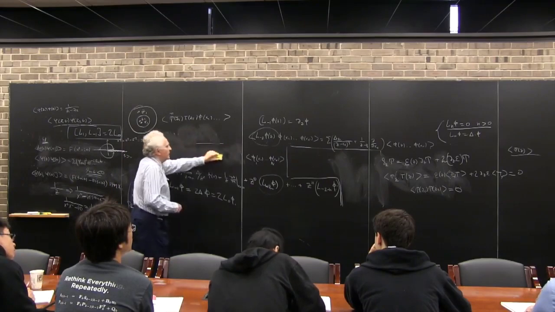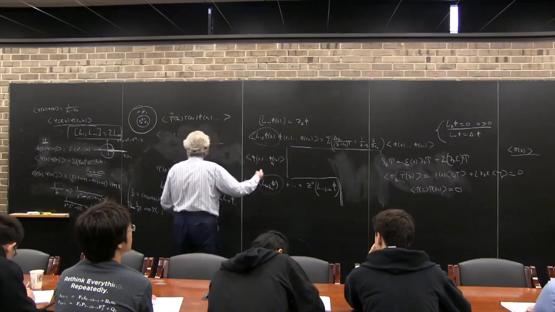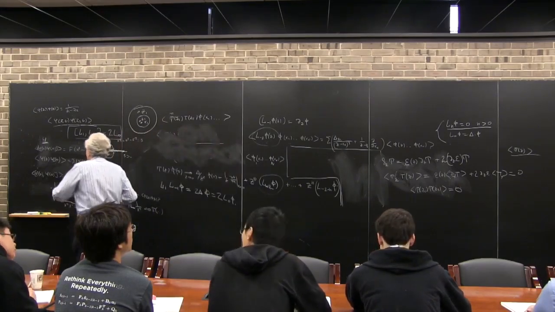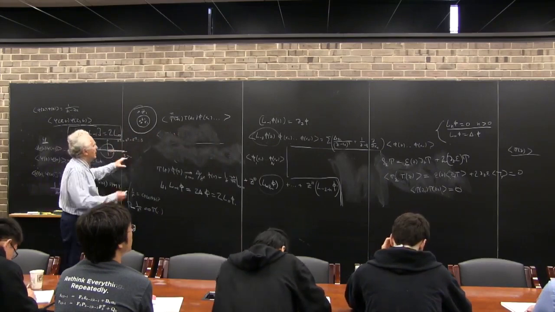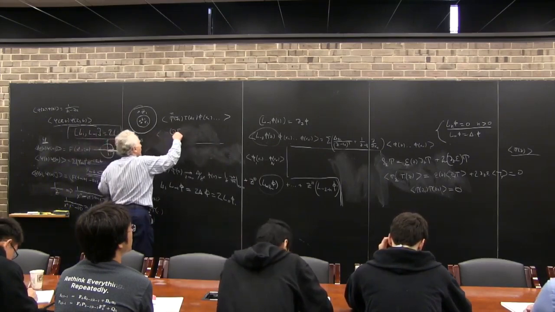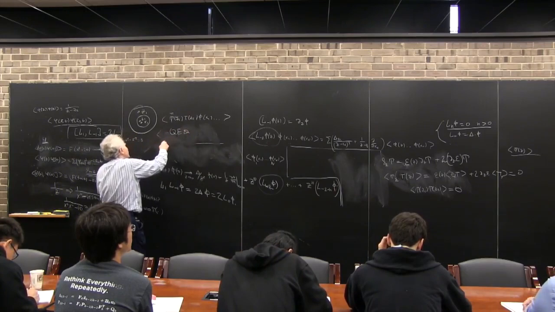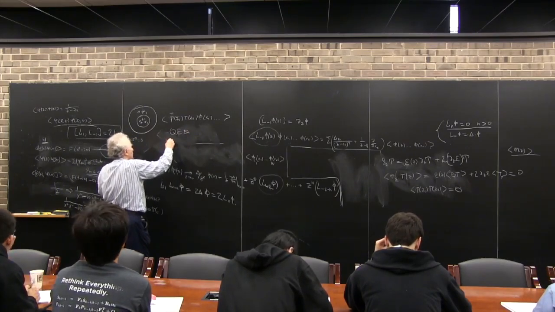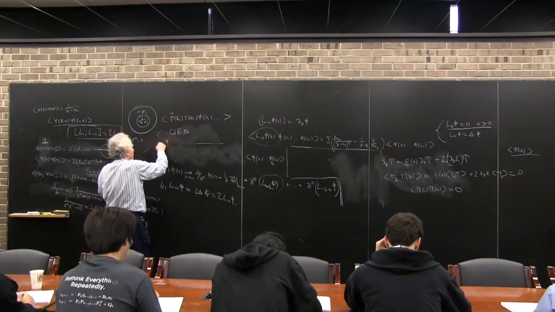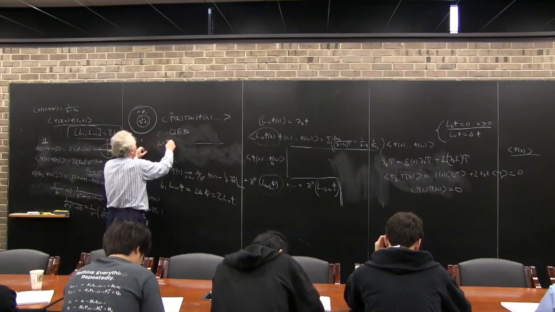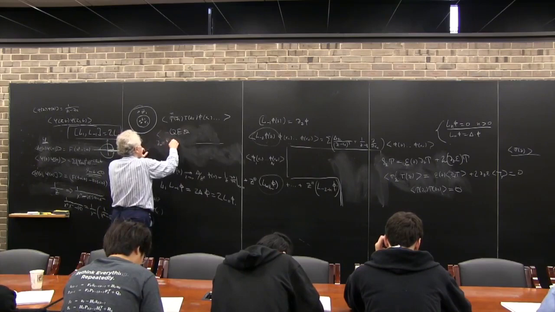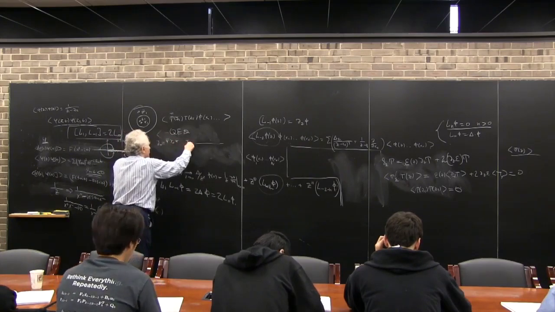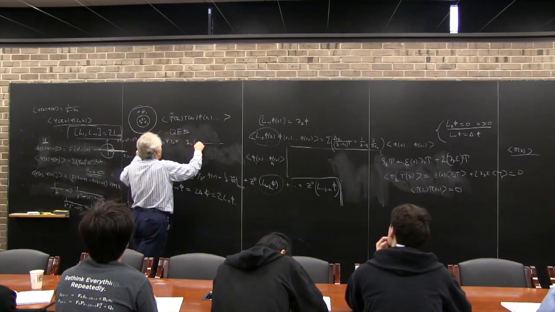Let's take the standard case to fully appreciate what it means. Let's take the standard case of QED. And in QED, we have operators, we have the current, gamma 0, and its spatial component.